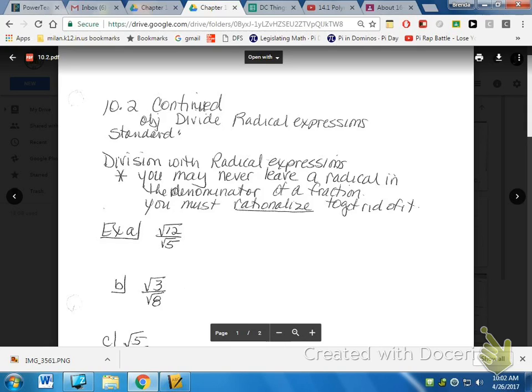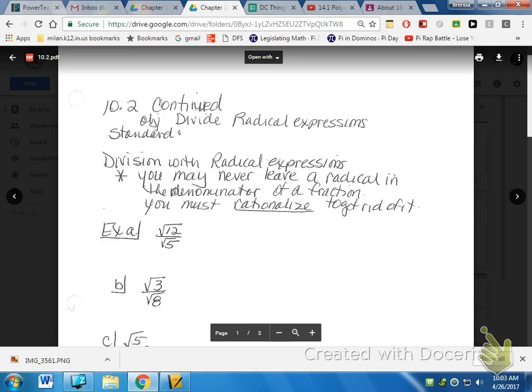If that happens, you must do something called rationalize it to get rid of it, because it would be irrational if the radical was left in the denominator. And it's really not hard, it's just something that you've got to be aware of that must happen.